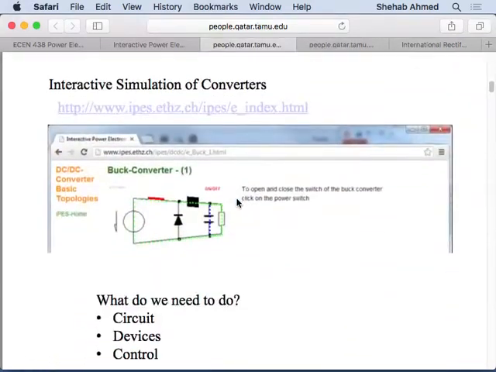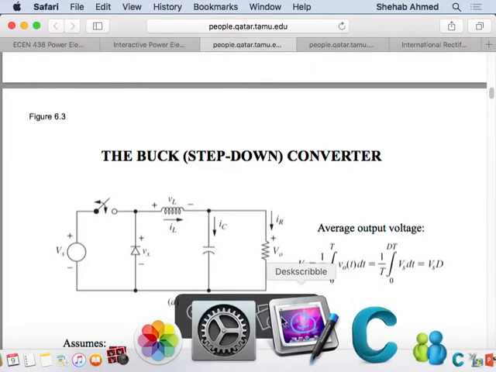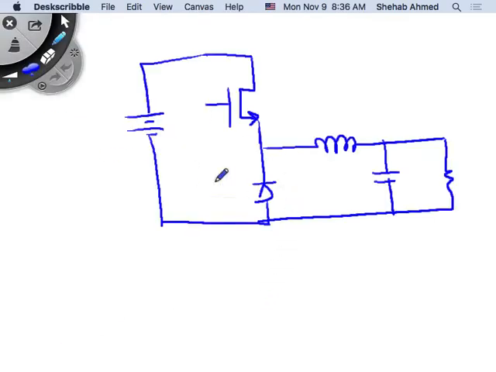I have a switch and a diode, and then the inductor and capacitor and the output resistance, right? So that's what I drew here. I will now draw the step up converter, but this is the buck, or step down, converter. I'll draw this the same.